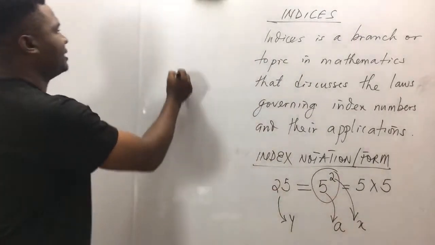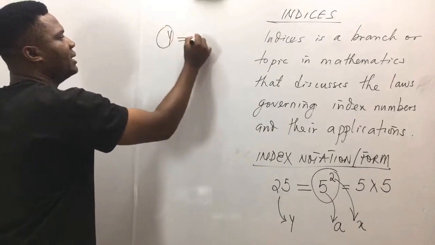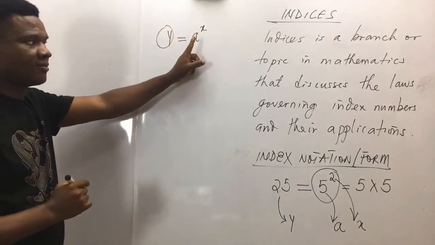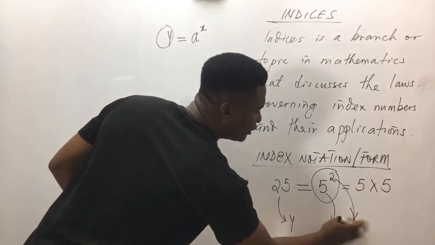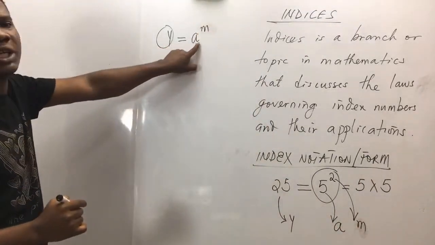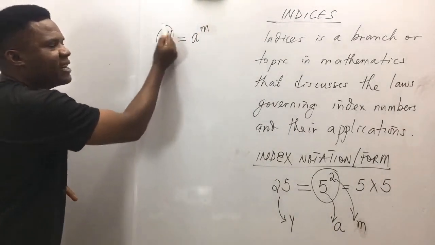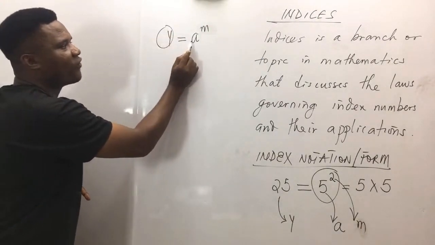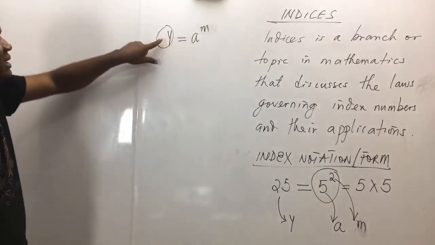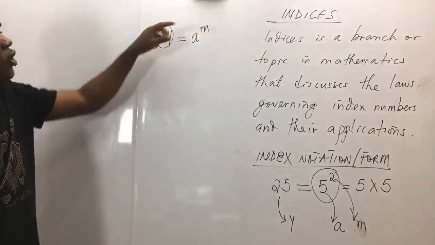You would come to realize that the index form of a number, say Y, is an expression A raised to the power of X. So I could even change this to M, and this will become Y equals A raised to the power M. So when it is possible to express a number, say Y, in the form A raised to the power M, this form of writing the number Y is said to be the index notation or the index form of Y.